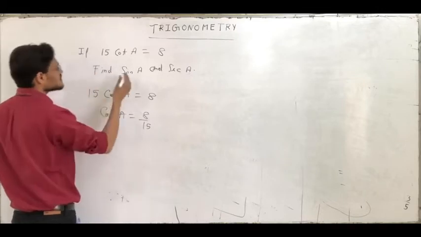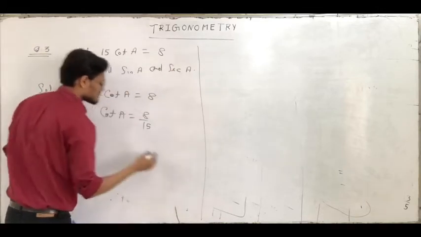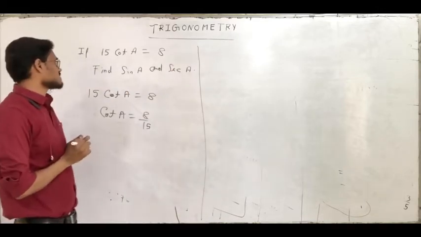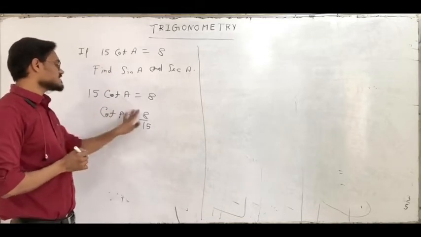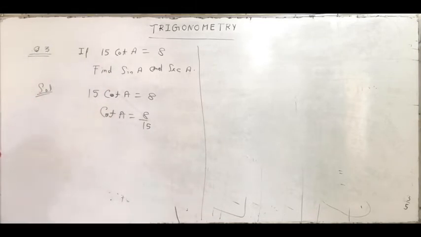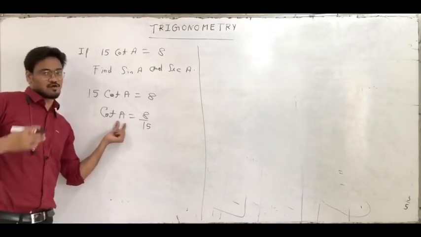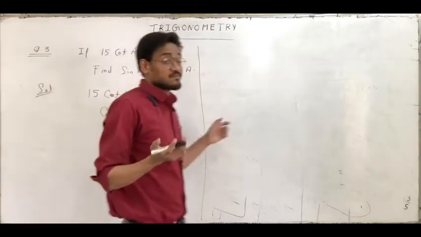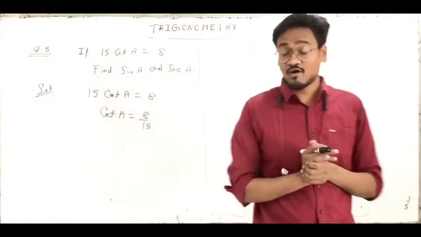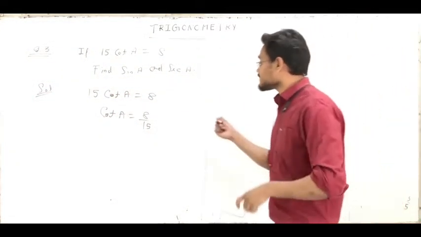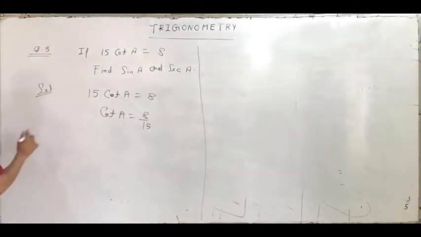In this question, the info about the triangle is not given. We are just given cot A is 8 by 15. No problem. We can draw a right triangle in which A is an acute angle. Either we can take B as right angle, or we can take C as right angle. Let me draw a triangle.